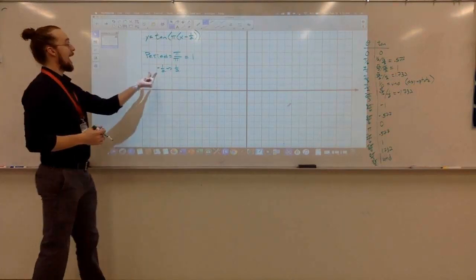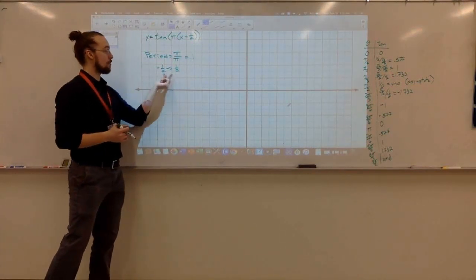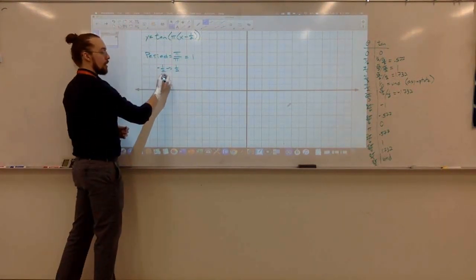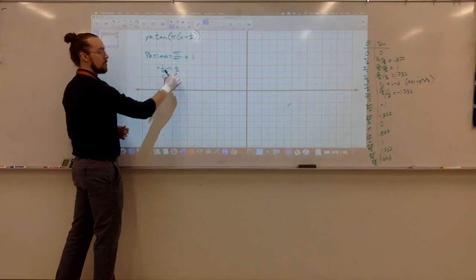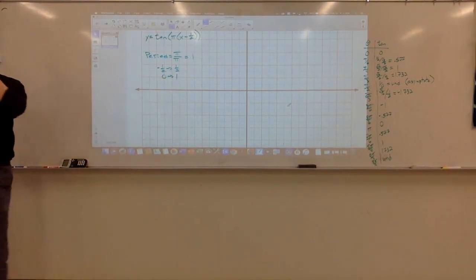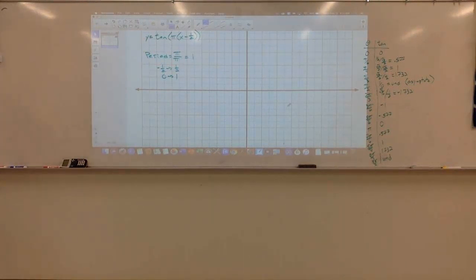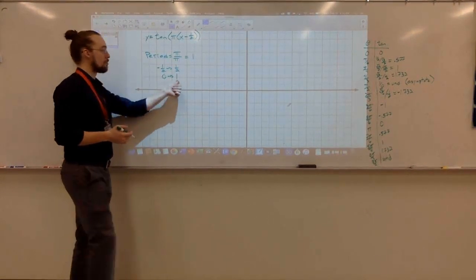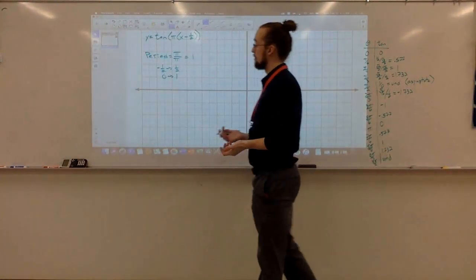So that means I'm going to add 1/2 to both my starting and ending values here. So negative 1/2 plus 1/2 is 0. 1/2 plus 1/2 is 1. So in this case, one period of this tangent function is going to go from 0 to 1.